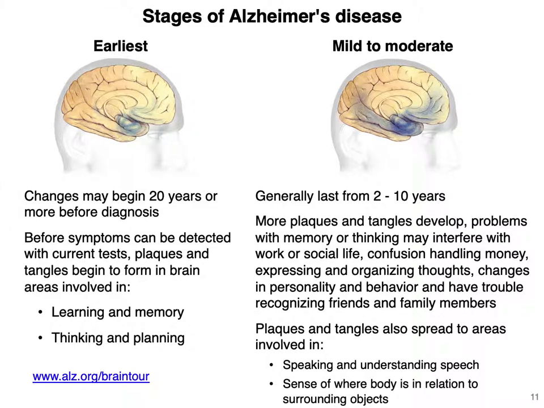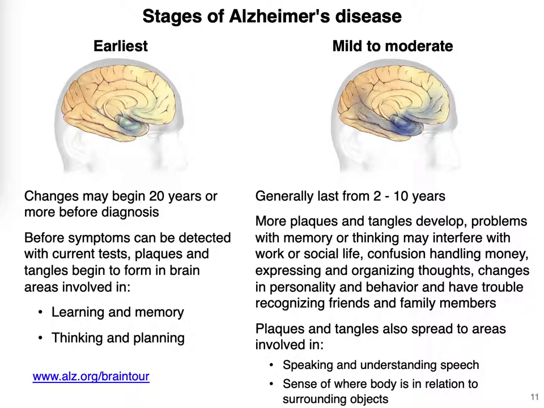Okay. So there are some early things that can happen, and I don't think they can really diagnose people because you've got to make a distinction between normal age-related loss of memory and forgetfulness. But I think in retrospect, they can see some of these things happening.